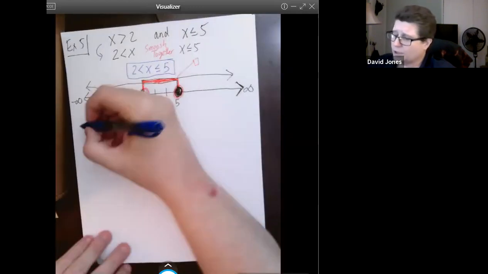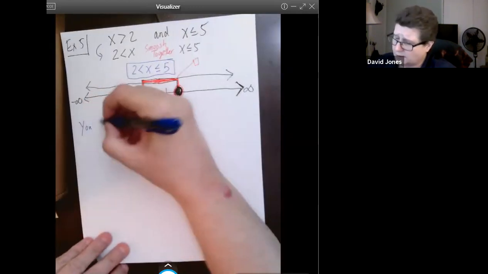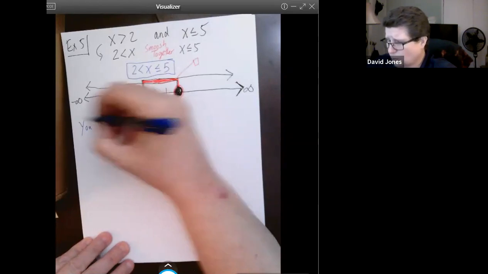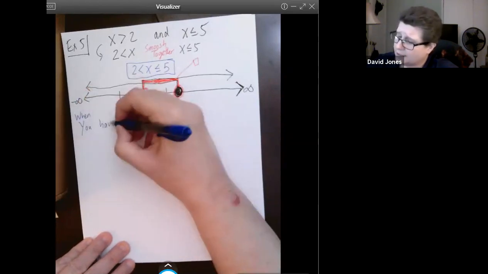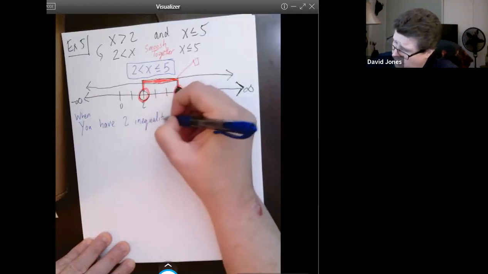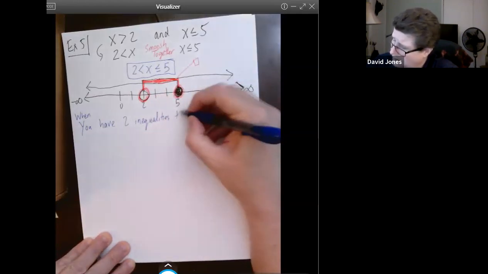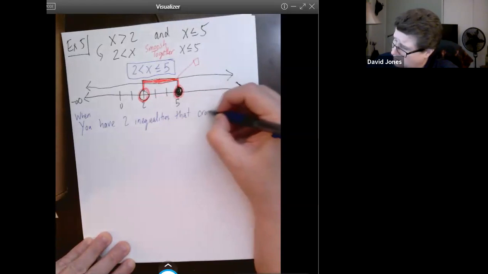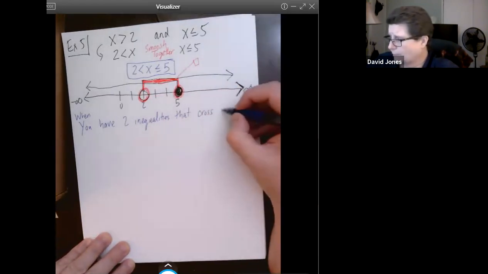When you have two inequalities that cross, we want both regions.